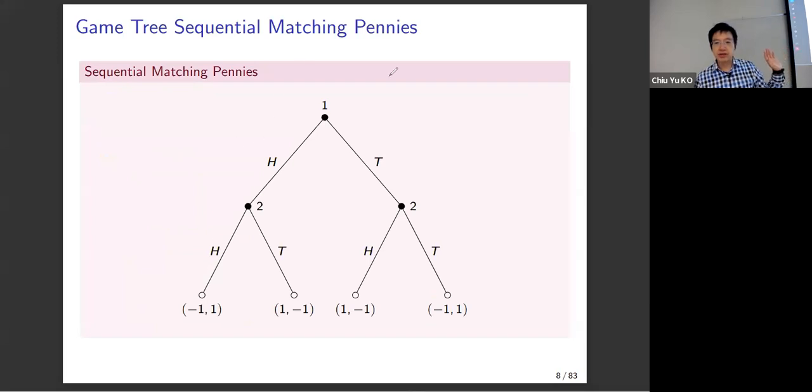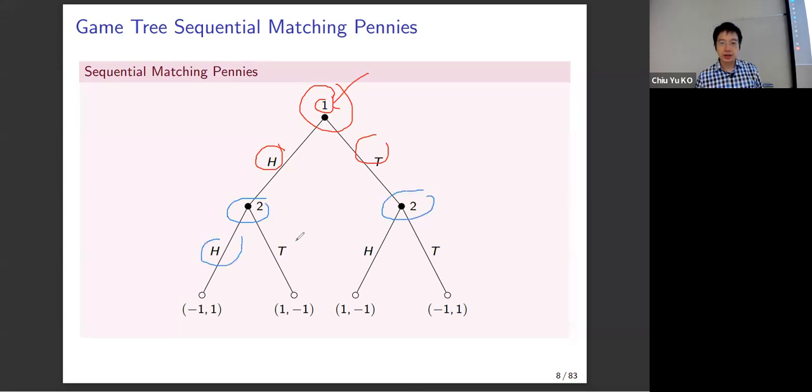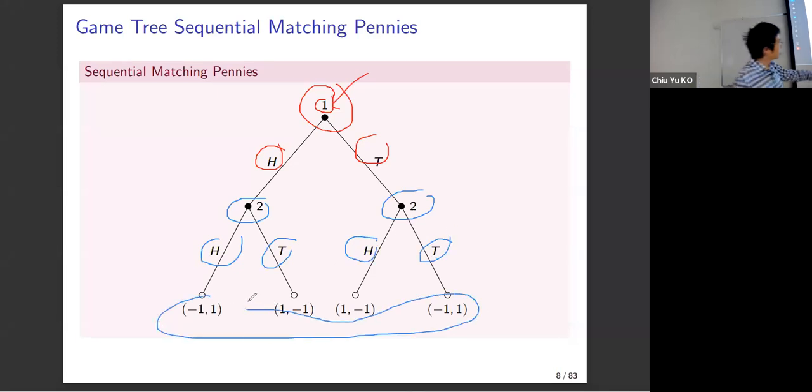So we start with the null history, which maps to who is moving first, player 1. Player 1 can take two actions, H and T. And after that, according to the history, who is moving and what possible actions they can take under each possible history, and what the payoff is. The circles are the terminal nodes. So everything is very clear.